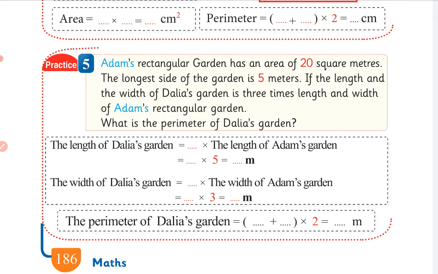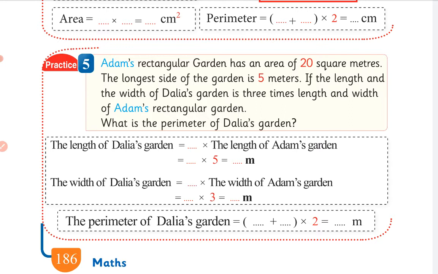السؤال اللي بعده بيقول لي Adam's rectangle garden has an area of 20 square meters. The longest side of the garden is 5 meters. If the length and the width of Dahlia's garden is 3 times the length and width of Adam's rectangular garden, what is the perimeter of Dahlia's garden? هنا عندي area بتاعت Adam's rectangular garden is 20.